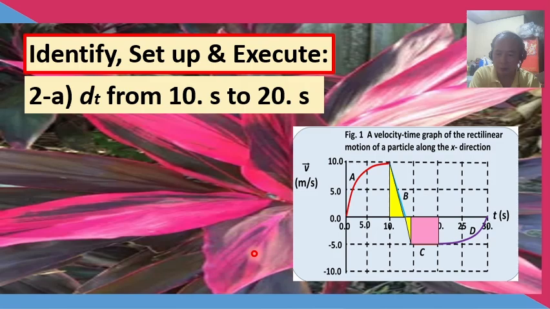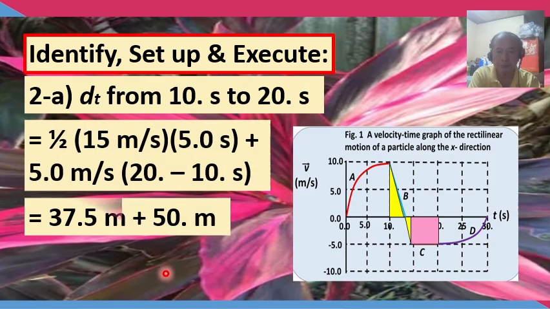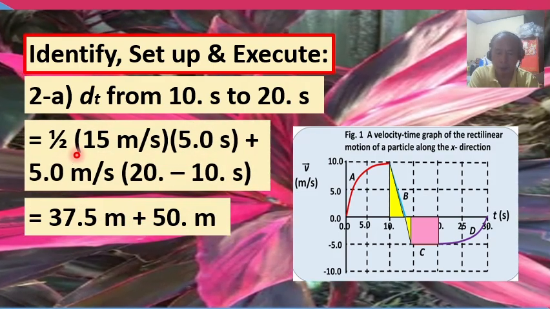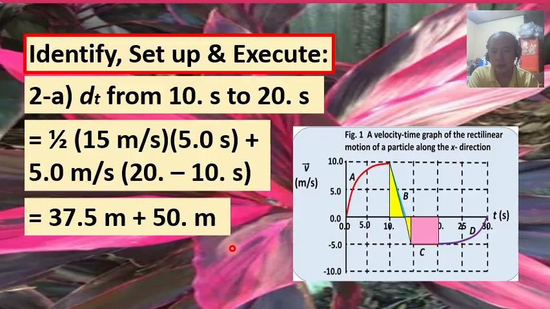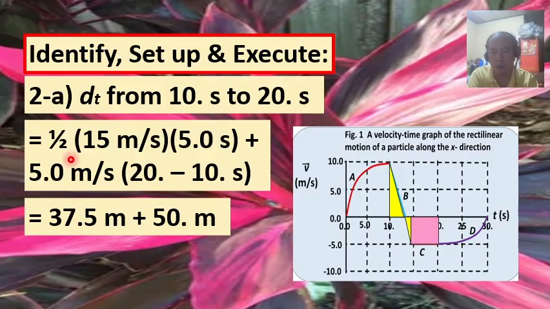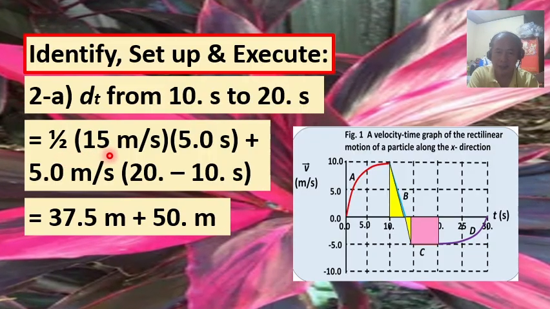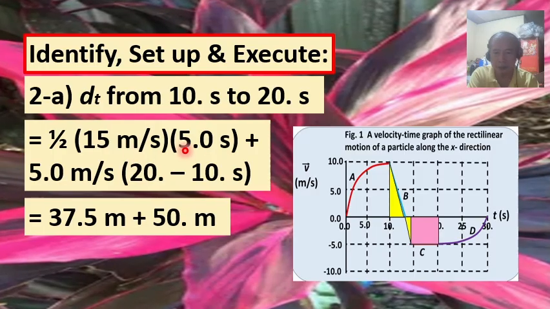We know that in finding the area of a right triangle, we simply multiply 1/2 the height and the base.